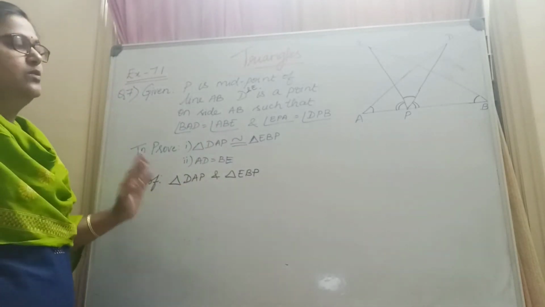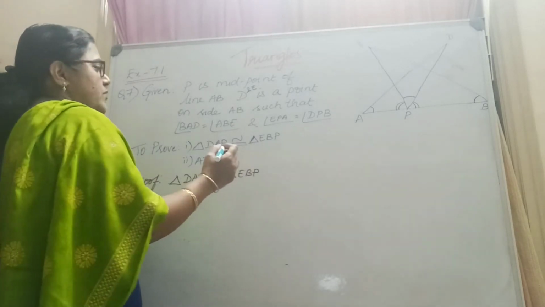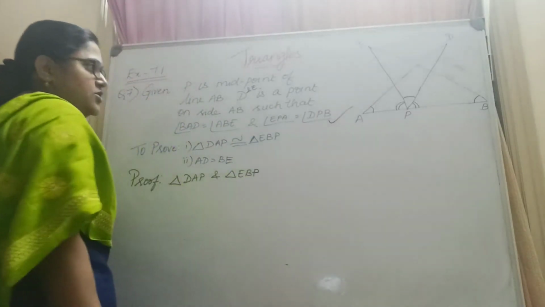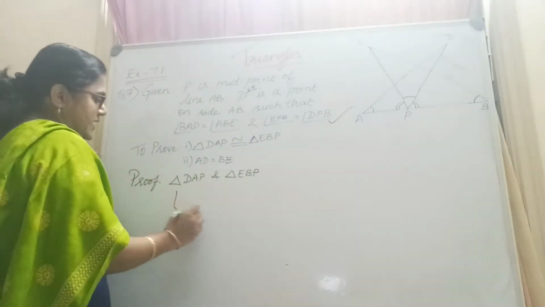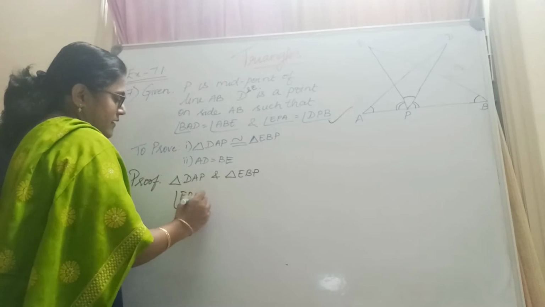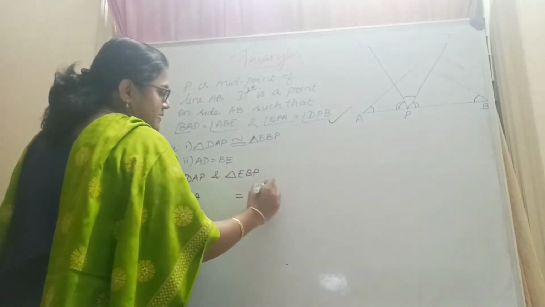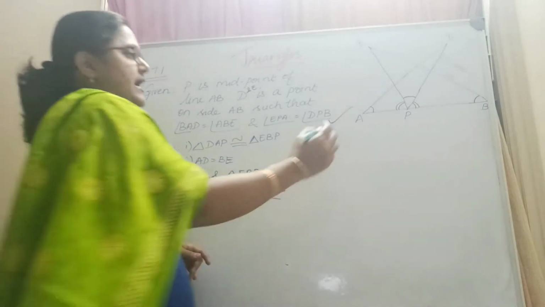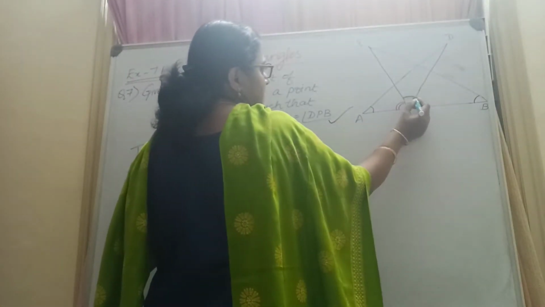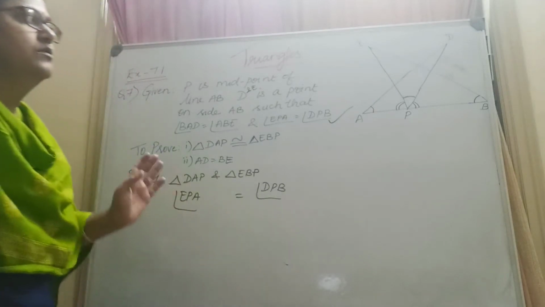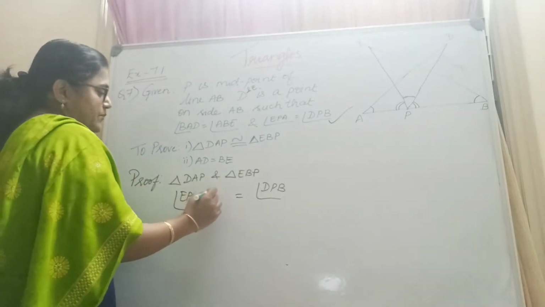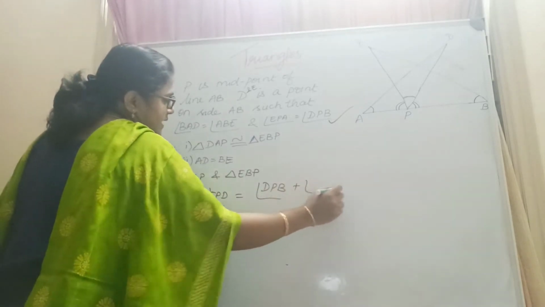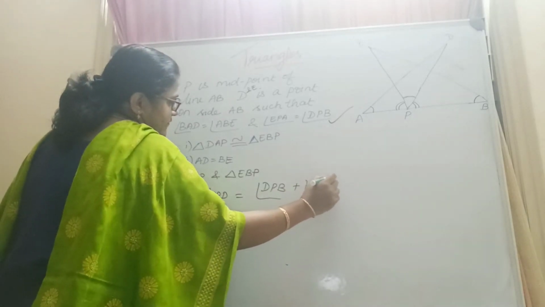Okay. The first thing I am going to do is take this equation into consideration, that is angle EPA is equal to angle DPB, and add an equal angle on both sides, that is plus EPD, this side also plus EPD.